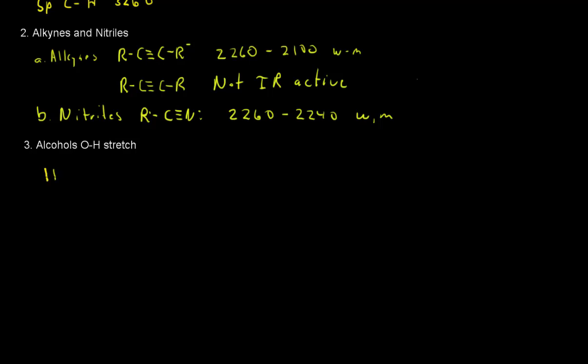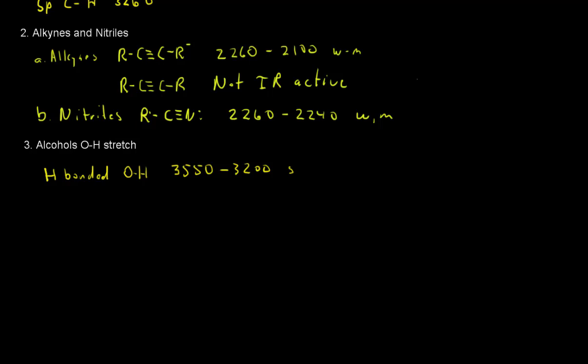If an alcohol is hydrogen bonded, the OH stretching frequency is usually in the range of about 3550 to about 3200. And it's really very characteristic. It's not just the frequency and the intensity of the absorbance, and this is usually strong, but it's also the shape. As you get deeper into spectroscopy, pattern recognition is really, really important.